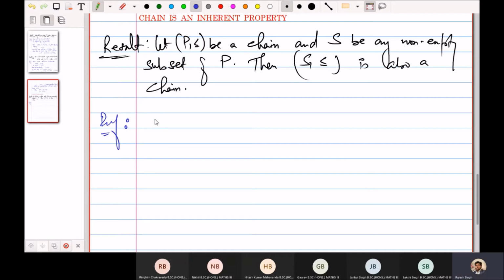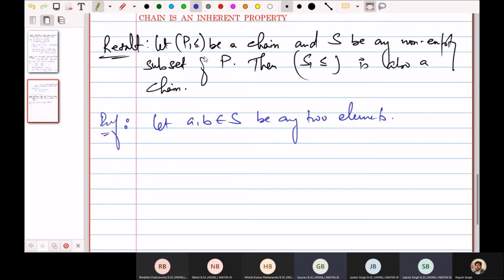So we will pick any two arbitrary elements in S. So let A, B belonging to S be any two elements. Okay. So how will you show that these two are comparable? You are given that P is a chain. Either A is related to B or B is related to A. No, sir, why?